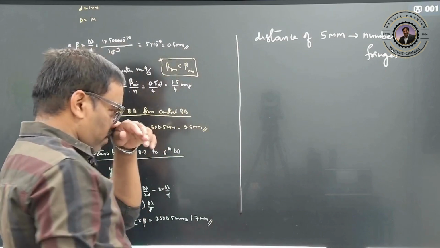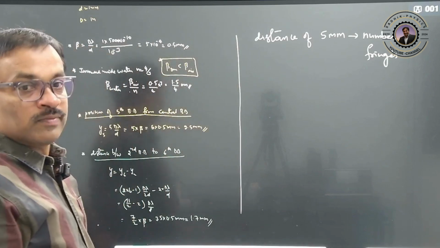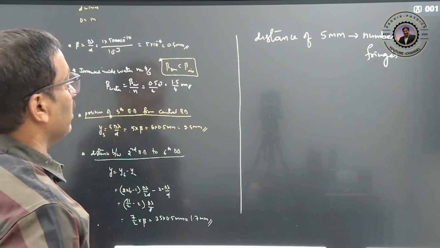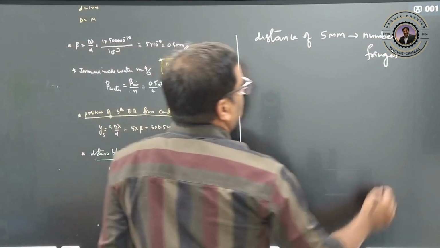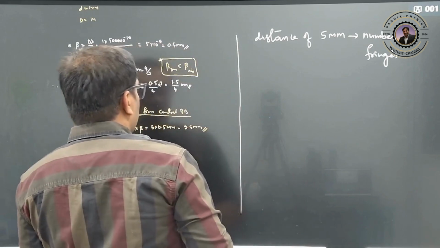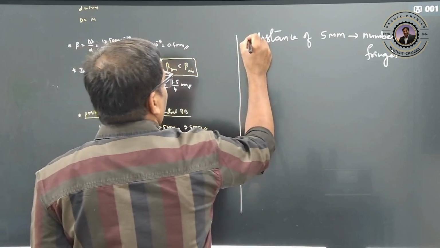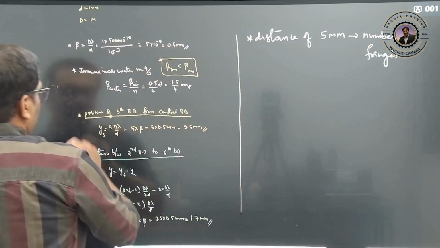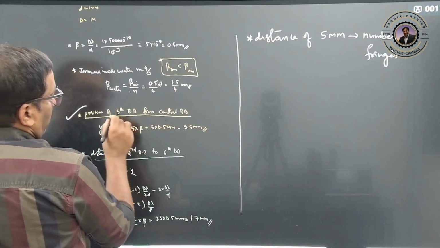So the number of fringes including the central one. Therefore you can see it now. Here I did this actually. Therefore you can see, this is the position of your fifth bright band now.